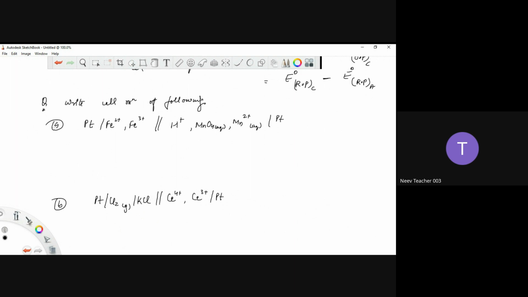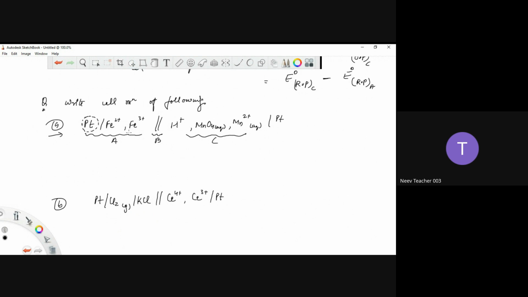So whenever we write any cell this way, this is basically the anode, this is your bridge, and this is your cathode. So to just remember, we use this ABC type formula. A for anode, B for bridge, C for cathode. This way you're going to write. Correct. Always remember platinum is basically an inert electrode surface, and it is always going to be used when you are making an electrode of ions or gases.